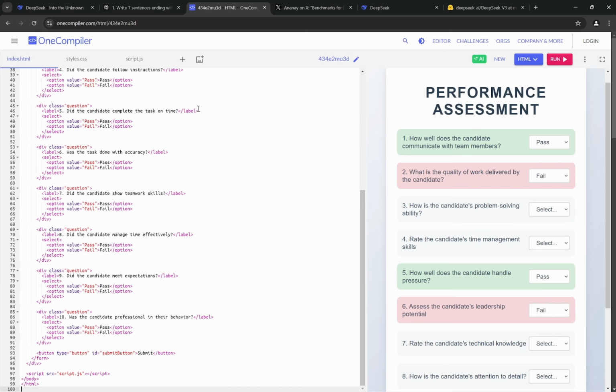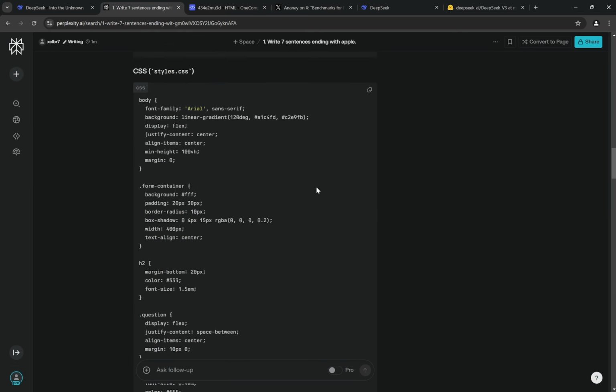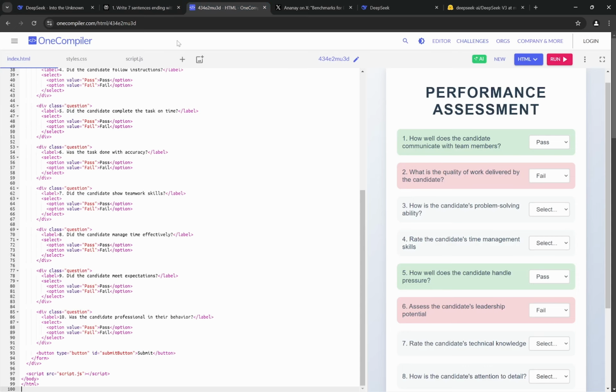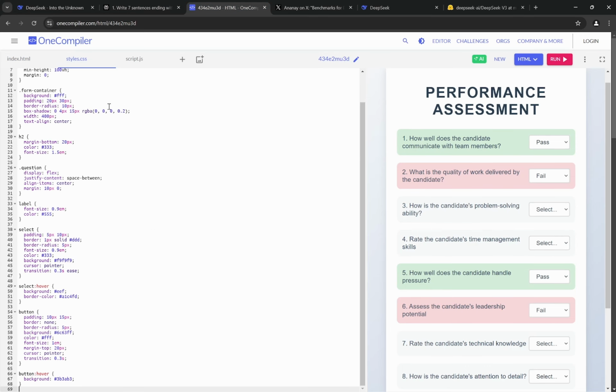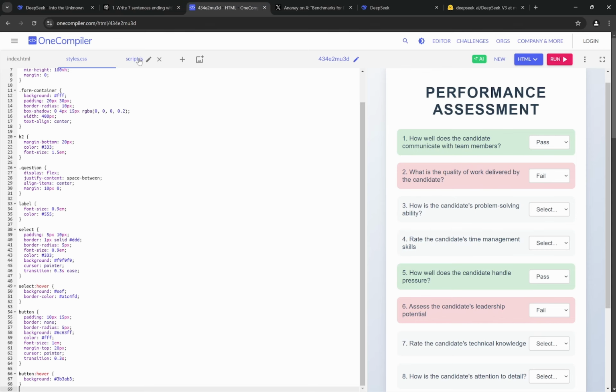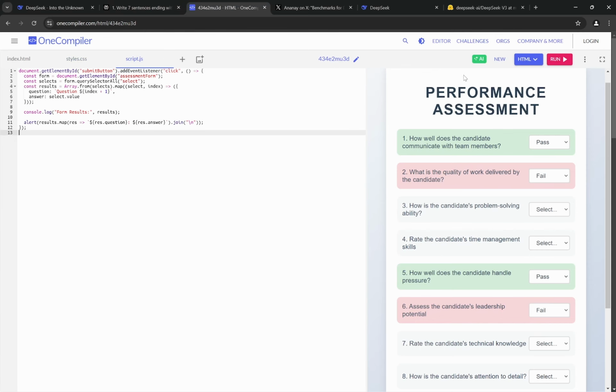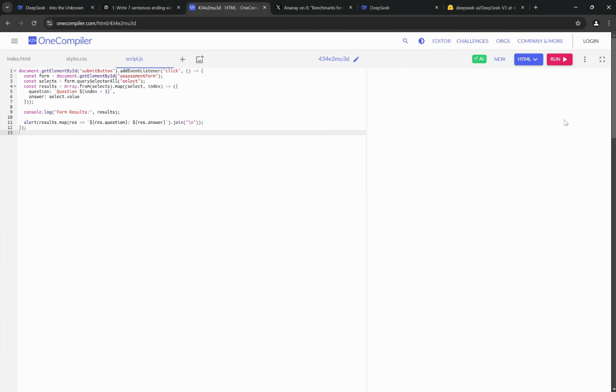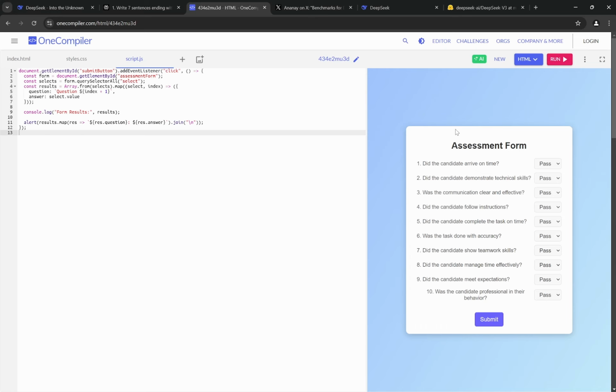And let's see whether 4o is better than Claude or not. This is JavaScript and I'll run it. So this also looks pretty good. There is pass and fail. Obviously, there is a submit button.